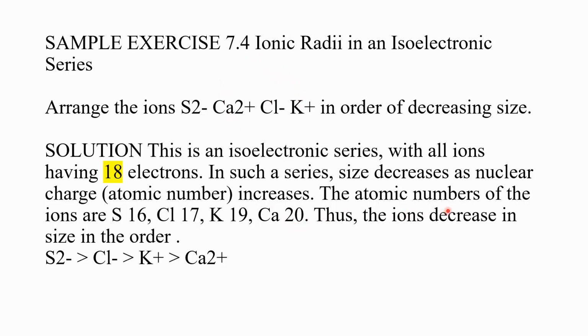So these are the atomic numbers of the ions, thus the ions decrease in size in the order as you can see here. So S-2 is larger than Cl minus, larger than K plus, and larger than Ca plus 2.